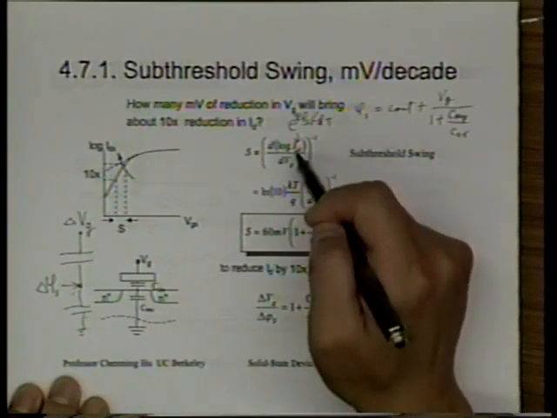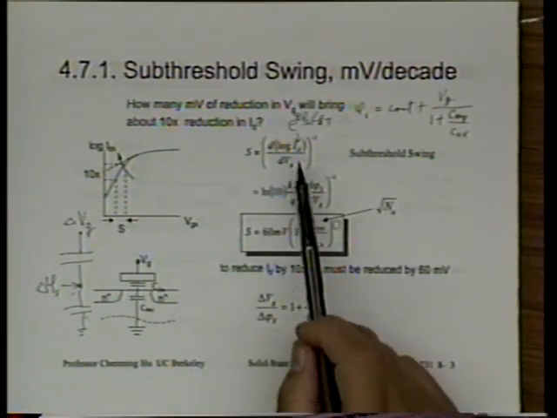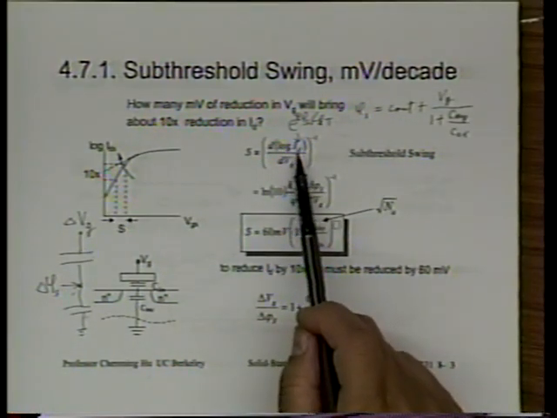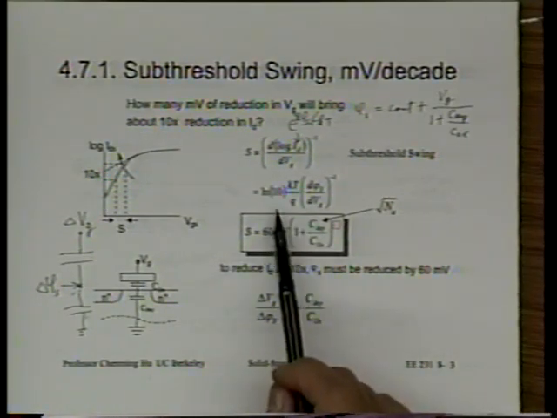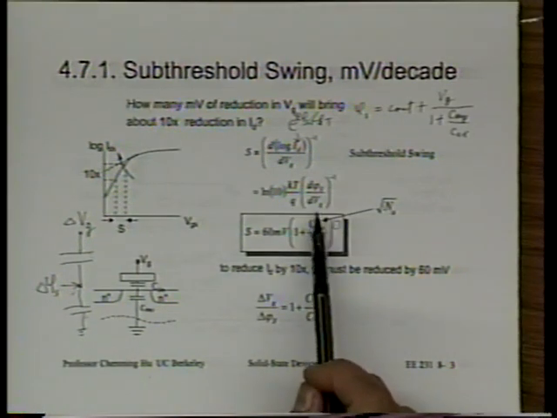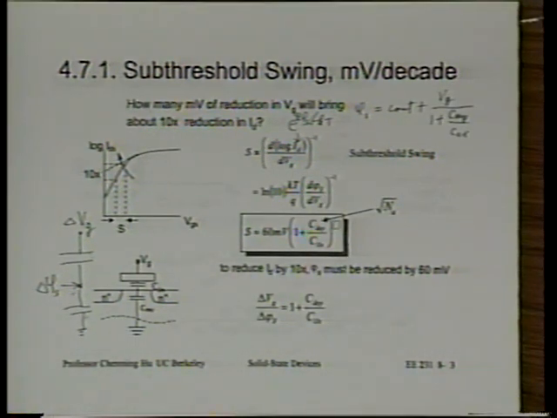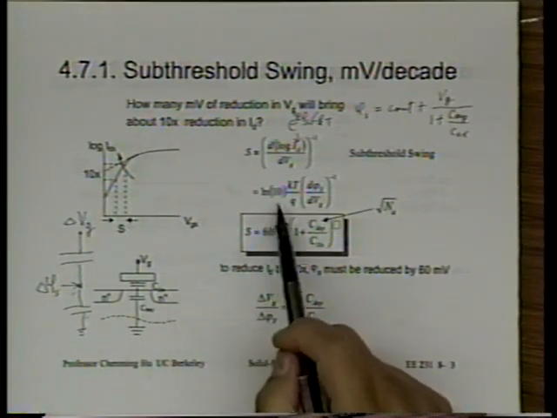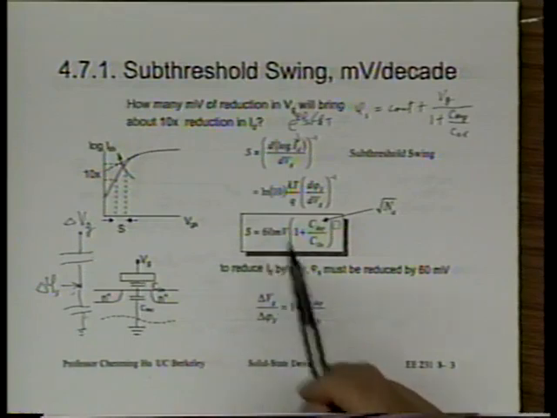All right? So just differentiate this equation in the previous slide for ID, we'll end up with this. It's equal to the natural log of 10 times kt over q times d phi s over dVg, inverse of that. Okay? And the natural log of 10 times kt over q gives us 60 millivolt.